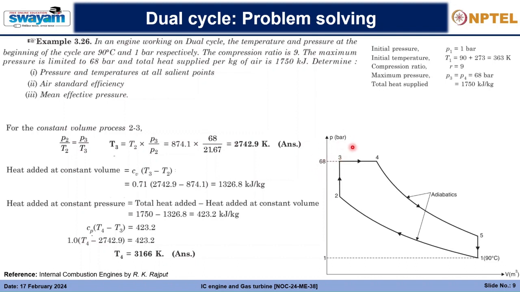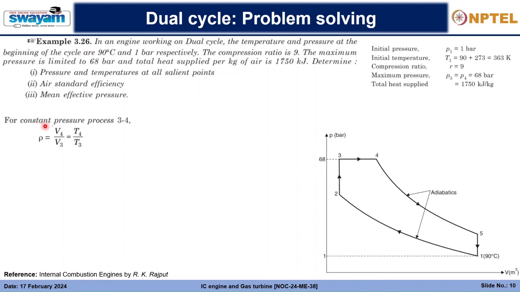If you exceed that breaking limit, it will permanently damage the cylinder, it will have leaks, and it can cause an explosion. That's why, to minimize that, we are given through a factor of safety the maximum pressure at which we should design the whole engine. So that is 68 bar, and accordingly the highest temperature you will reach is 3166 Kelvin.